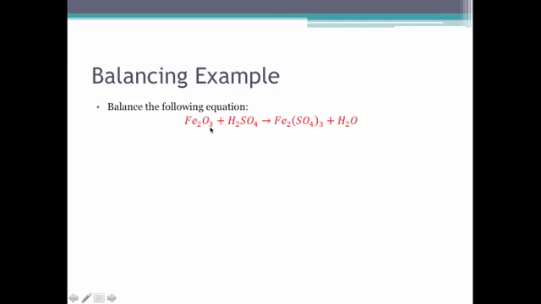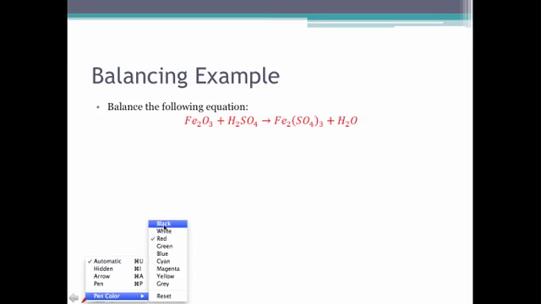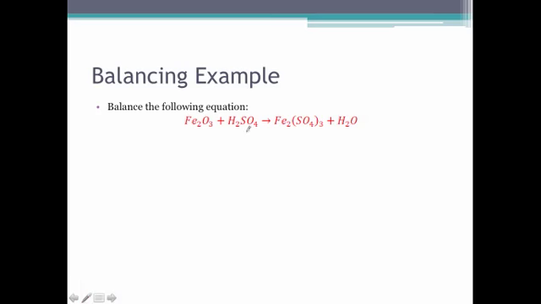So here's an example where we've got a reaction. This is going to be iron oxide. This here is sulfuric acid. They're reacting together and forming iron sulfate and water. At the moment, that particular equation isn't balanced. You can see at a glance, if we look at the polyatomic ions as a group, I've got 1 sulfate here, but I've actually got 3 sulfates here.